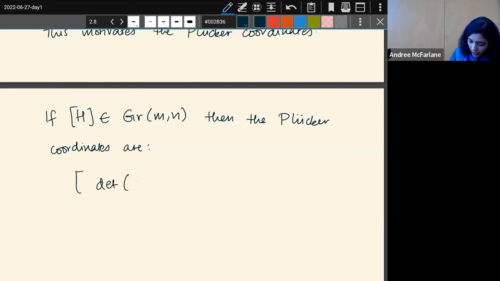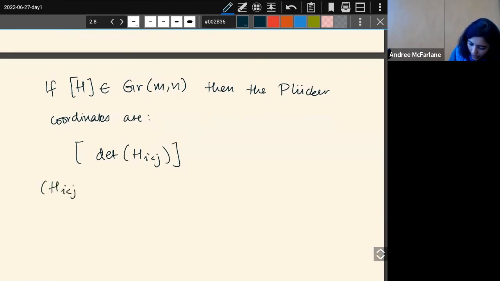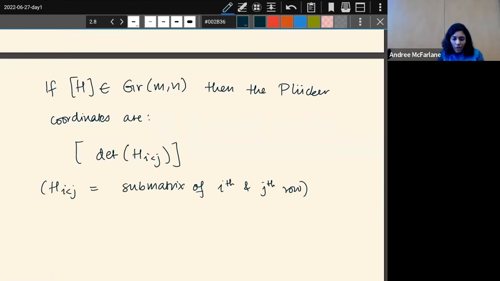So the determinant of H_ij, where this is just the ith and the jth row. And then I'm looking at all of them up to scaling, so I should think of these as homogeneous coordinates. Okay, so these live inside some projective space, in particular P^(n choose 2 minus 1). So they're all of these various ij minors up to scaling.